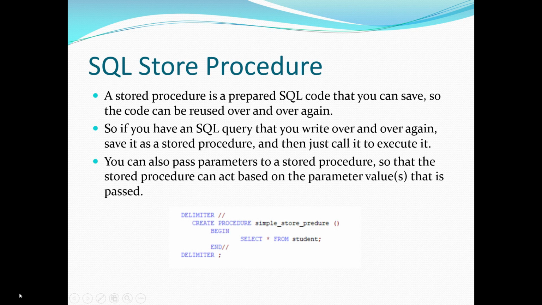When we create a stored procedure, we use the DELIMITER followed by the forward slash, and the END keyword, and then CREATE PROCEDURE and the procedure name. Inside BEGIN and END, we write the query. So just follow this pattern when you create a stored procedure.